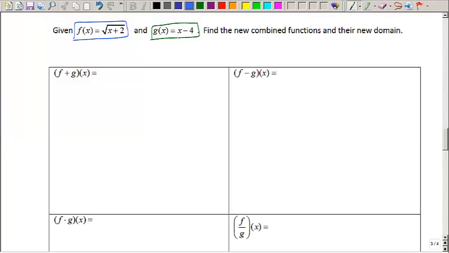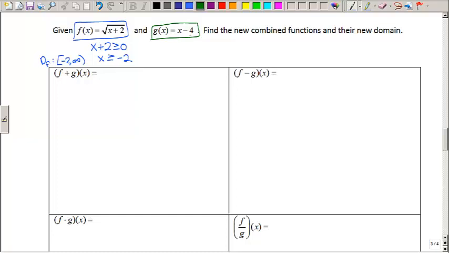So this first blue function, f of x, is equal to the square root of x plus 2, is an even root function, and it has a problem. So x plus 2 has to be greater than or equal to 0, and x has to be greater than or equal to negative 2, which means I can only be negative 2 until infinity as my domain of f.